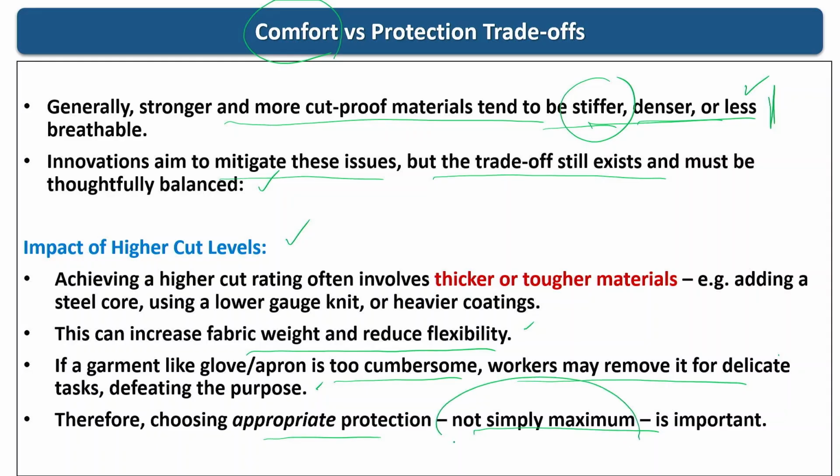So, optimum protection is that we cannot always try to select the maximum protection. We should actually choose the appropriate protection, which is important, because appropriate protection means with sufficient comfort should be there.